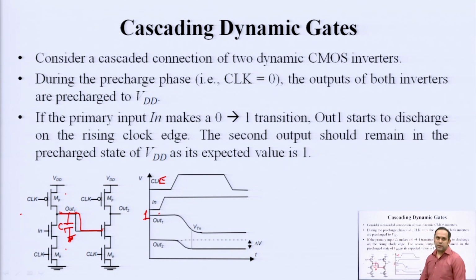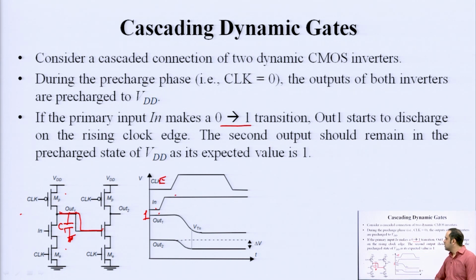This is after the pre-charge state. I am calling it the primary input because it is the original input initially applied to the first stage. In a cascaded connection, the very first input you apply is considered your primary input.